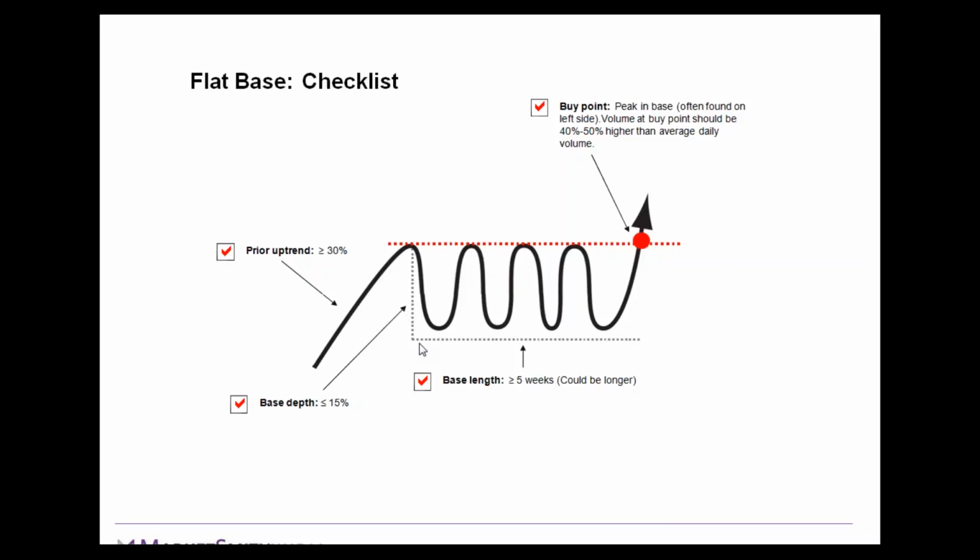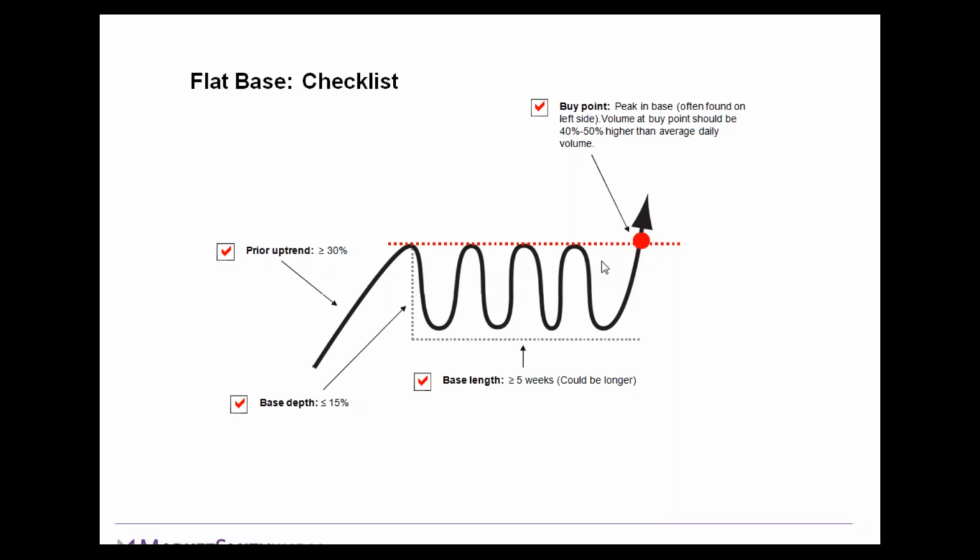And the base depth here is going to be quite small. The depth that we talked about for cup with handle and double bottom, those were much bigger than this. It's going to be a small base both in terms of length as well as in terms of depth. So the kind of pullback that you see in the middle of this base is not going to be that severe. Somewhere less than 15% ideally.